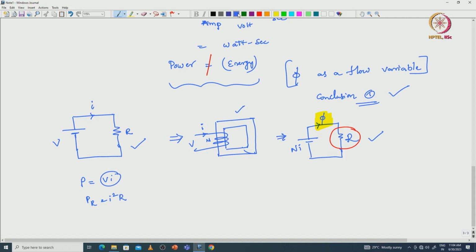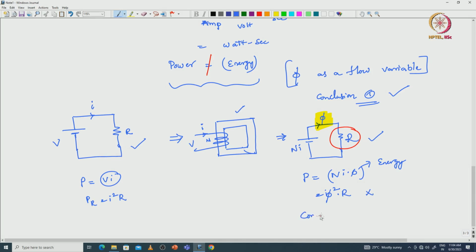Here power is equal to what? mmf into flux, which we have already derived, it is nothing but energy. In terms of flow variable, if we represent it as phi square R, it is wrong, and dissipation should not happen.